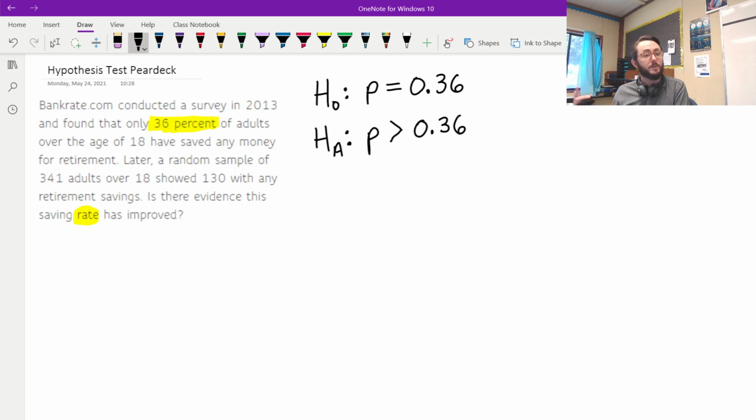Since we're doing a proportion, we know it's going to be a z-test. We see here a random sample of 341 adults. There's only one group. One sample, one group, therefore a one proportion z-test.